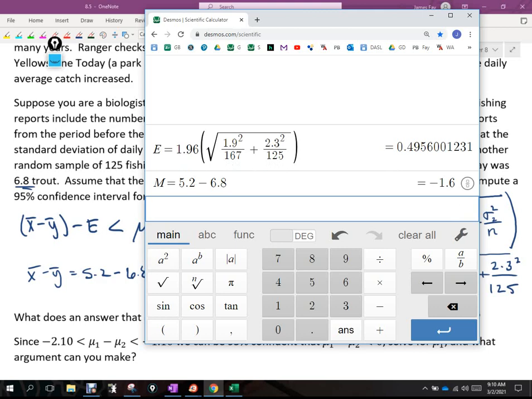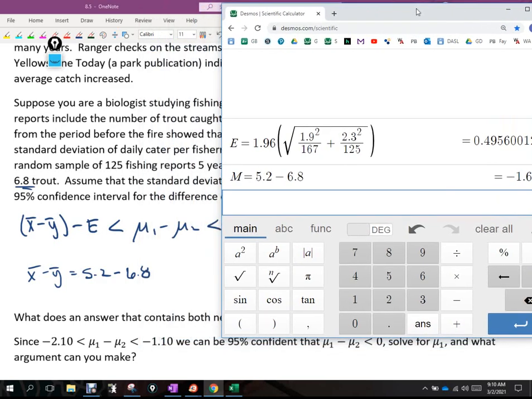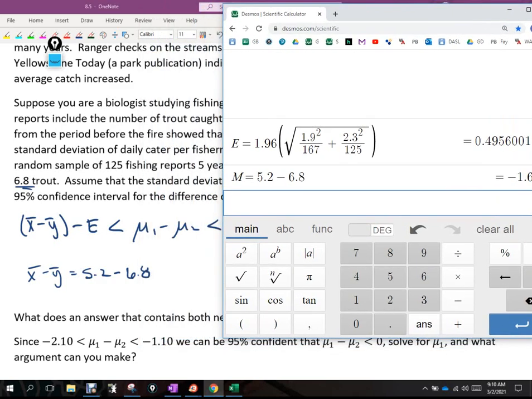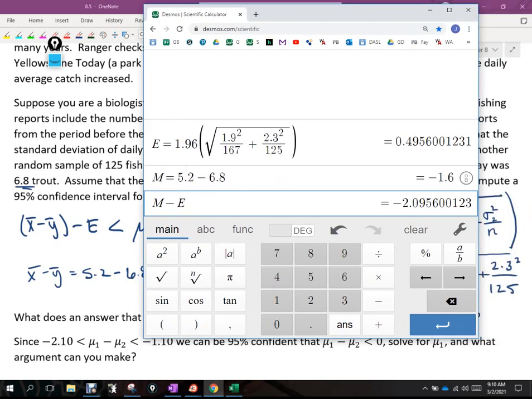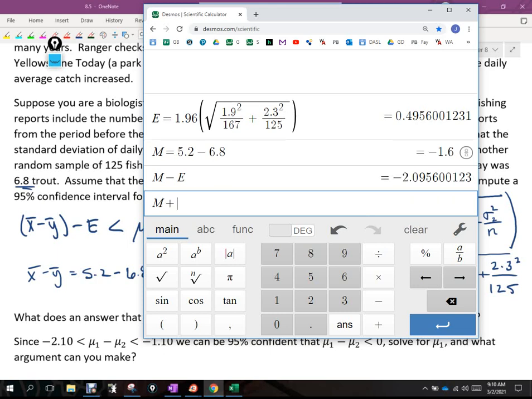So now if I want to find X bar minus Y bar minus my error, it's going to be M minus E on Desmos here, right? So we get negative 2.095. Okay. If I go M plus my error, it gives me negative 1.10.